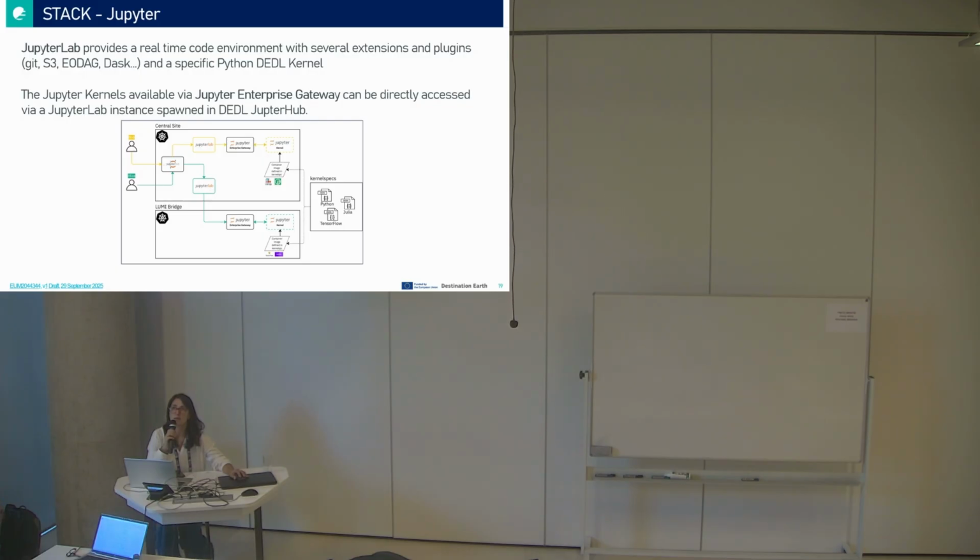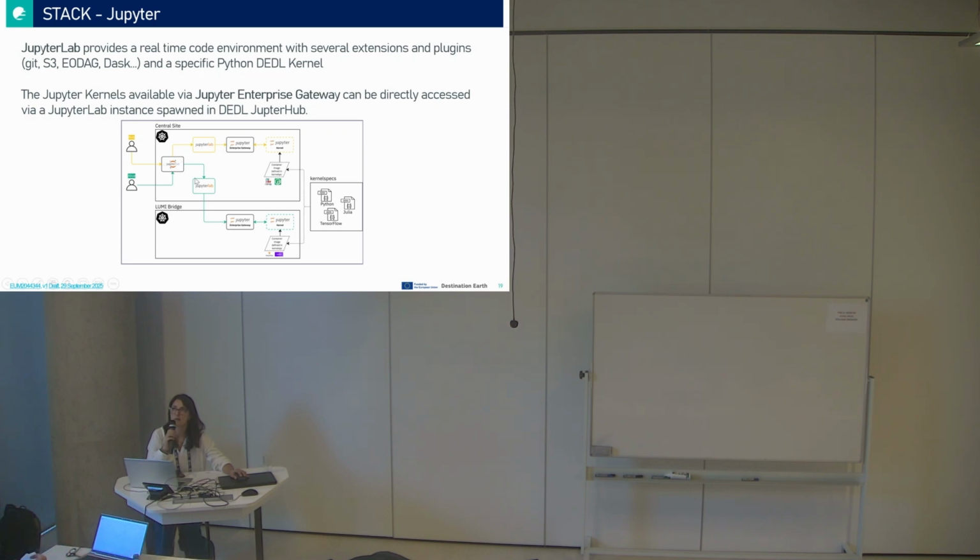We saw that we have several extensions inside. We have the Git extension, the S3 extension, the ODAG, the Dask dashboard, and there is a specific Python DDL kernel with some preloaded libraries useful in the context of Destination Earth.